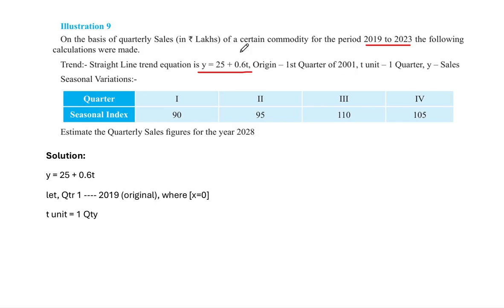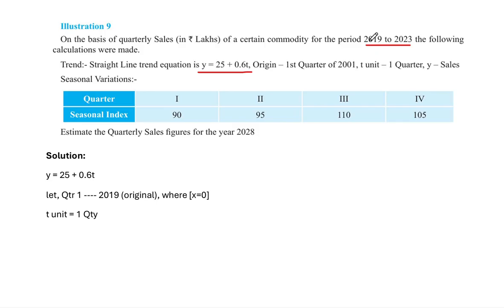Usually, how will we write an equation? Y is equal to a plus bx. So, a is 25, b is 0.6 and x is t. Now, origin first quarter 2021. Unit 1 quarter, Y sales, seasonal variations. So guys, this 2021 is given from the previous textbook.